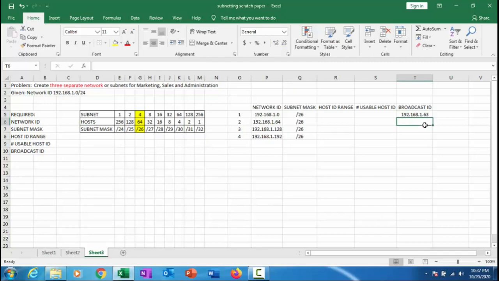So this one is gonna be 1, so less than 128, so 192.168.1.127. Or you could also do the addition by 63.